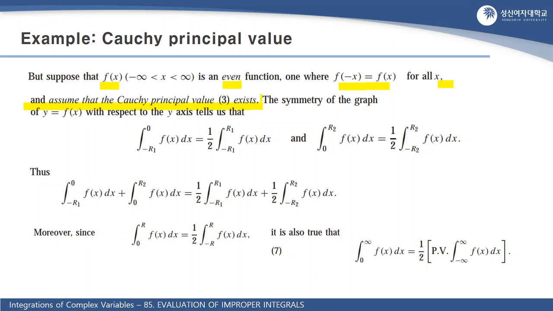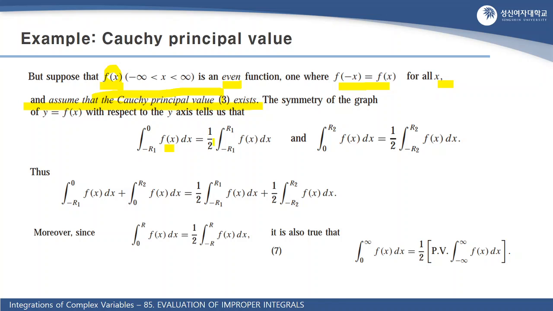The observation concerns even functions, and it says that if f of x is an even function, and its Cauchy principal value of the integral of f of x from negative infinity to infinity exists by assumption here, then the improper integral itself converges and equals the Cauchy principal value.